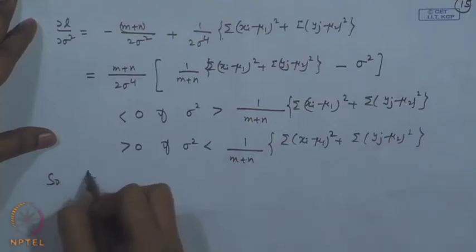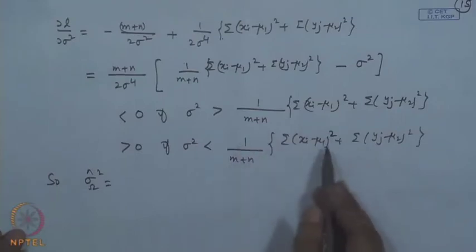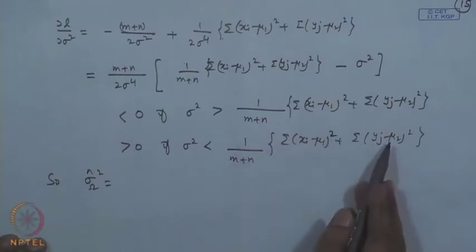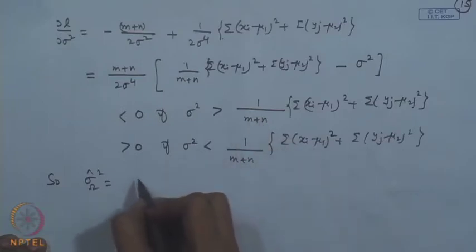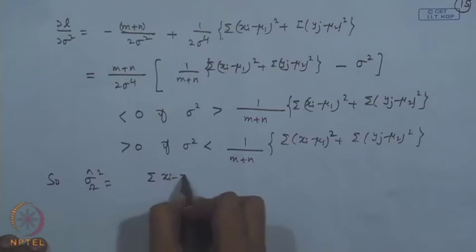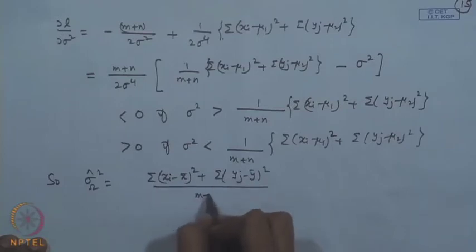So, sigma hat omega square is attained at this value where mu1 and mu2 are replaced by their respective maximum likelihood estimators. That means it is attained at the sum of (xi minus x bar) square plus the sum of (yj minus y bar) square, divided by (m plus n).